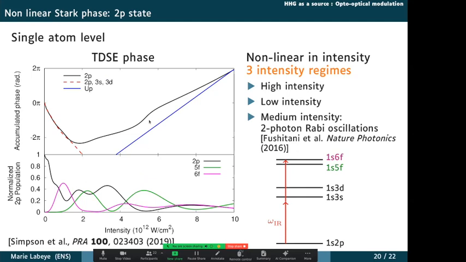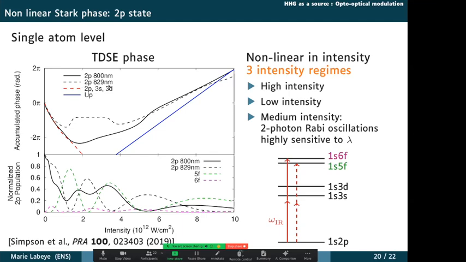And in the middle, there is a medium intensity region. We have two-photon Rabi oscillation between the 2p and the f states that actually controls the phase, and that's why we have some smooth phase jump that strongly depends on which wavelengths we send. So if I send something that is resonant with the 5f, we have other Rabi oscillations that give a bi-phase here.